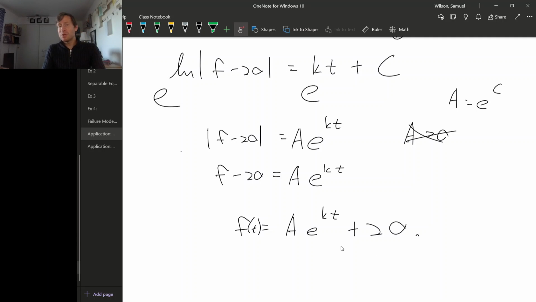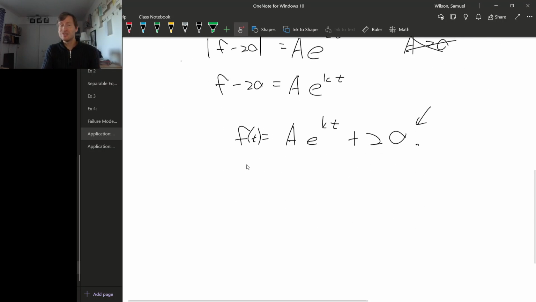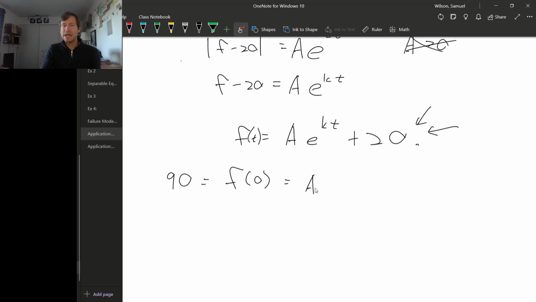Remember we had some more information about the function. We got this solution just using Newton's law of cooling, but we also know how hot the water starts. When time is 0, at the beginning, the temperature of the water is 90 degrees. So we plug this into our formula for f and get A times e to the k times 0 plus 20.